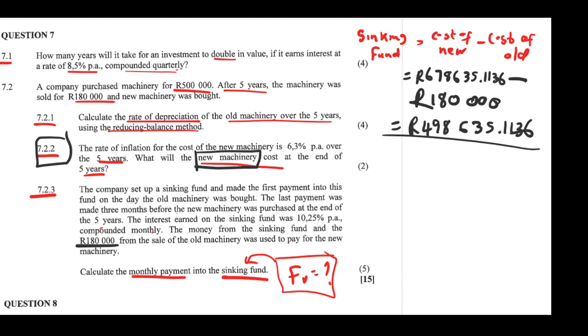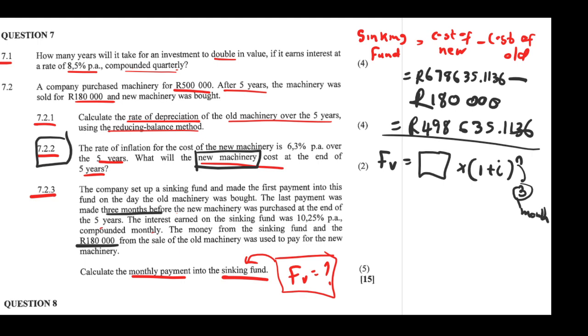But remember, we are asked to calculate the monthly payments into the sinking fund. And we were told that payment was made 3 months earlier, right? There is a statement, 3 months before the new machinery was bought. So it means now that in your future value formula, you're going to say FV is equal to, you write down your formula here, you're going to multiply by the 1 plus i to the power of n, which n is actually 3 months, right?